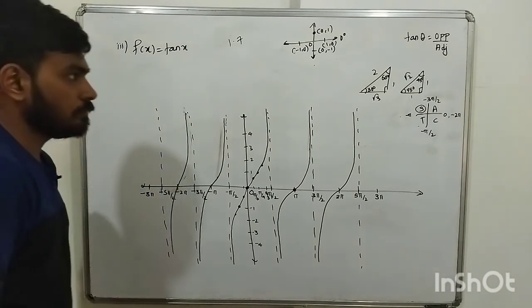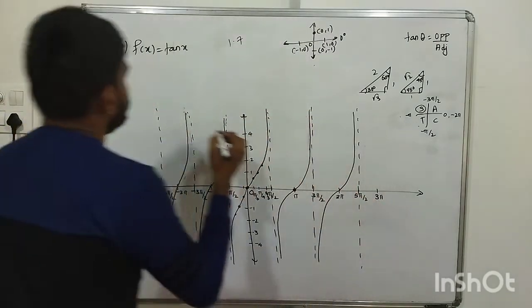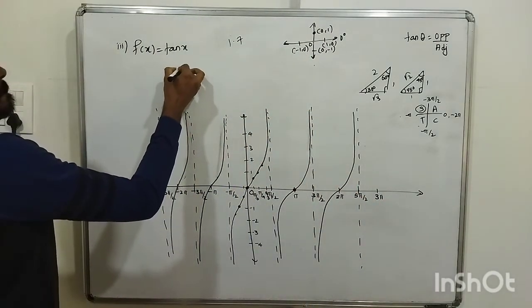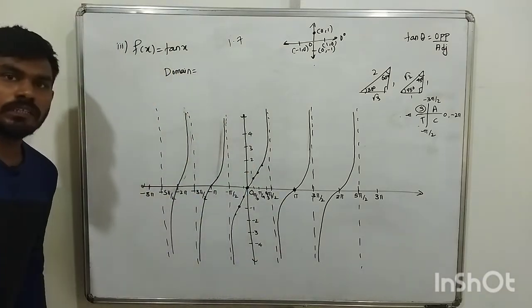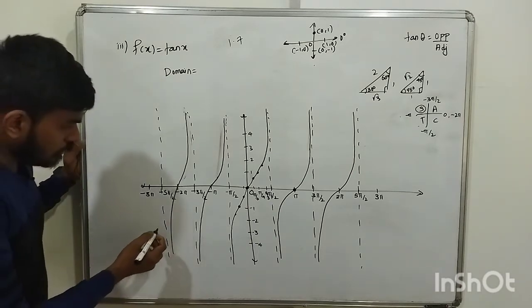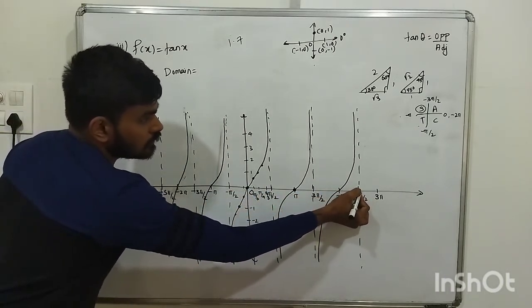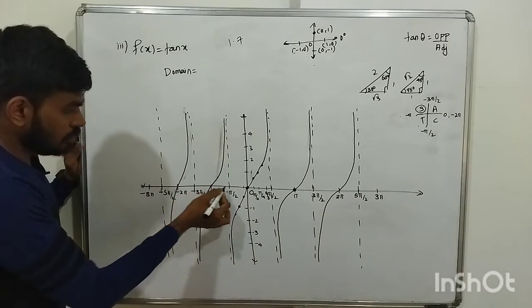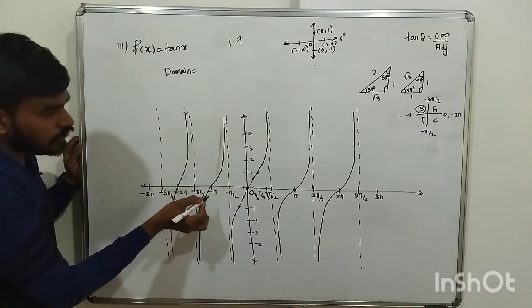Now what will be the domain and range of this? What will be the domain and range for this? So as we all know, for these values there is no range, there is no point of f of x. For what?